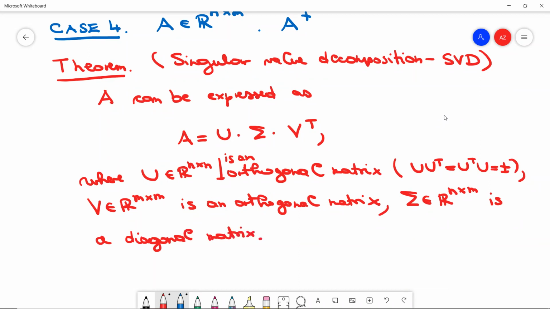That's what we had in case 3, the case of a diagonal matrix, which was denoted with sigma last time. And let's write sigma is a diagonal matrix with diagonal entries sigma 1, sigma 2, up to sigma r, and then some zeros.